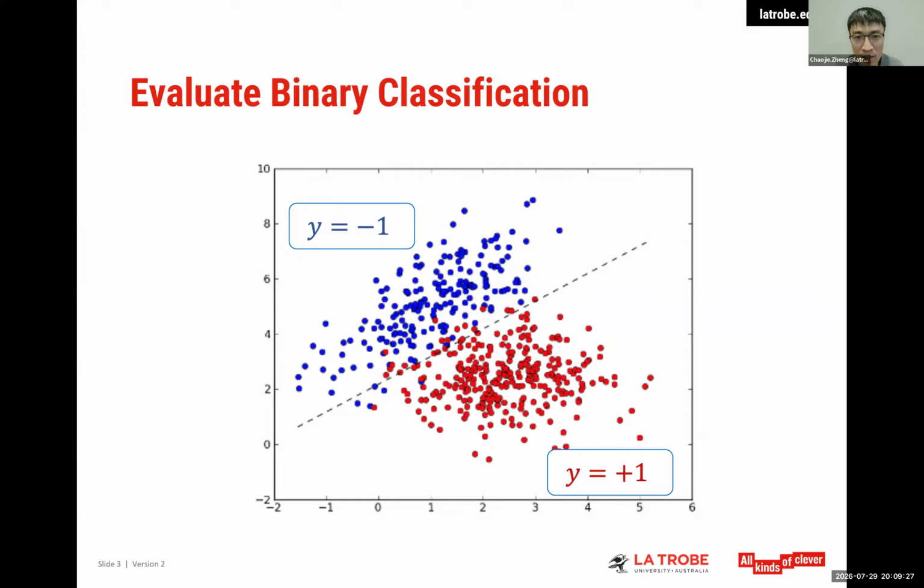We treat the red data points as positive samples and the blue data points as negative samples. After we train the classification model, the model gives us this dashed line. This dashed line is a separator, and we make predictions based on it. Data points on one side of the separator will be positive predictions, and on the other side negative predictions. That is the input and result we get from the classification task.